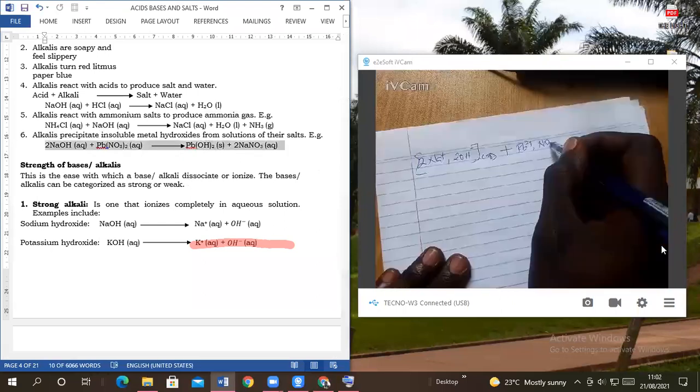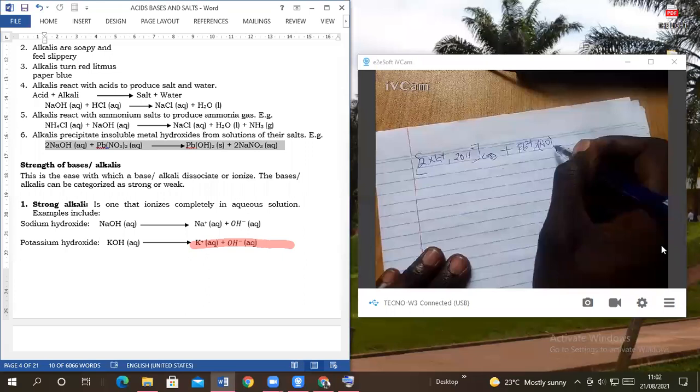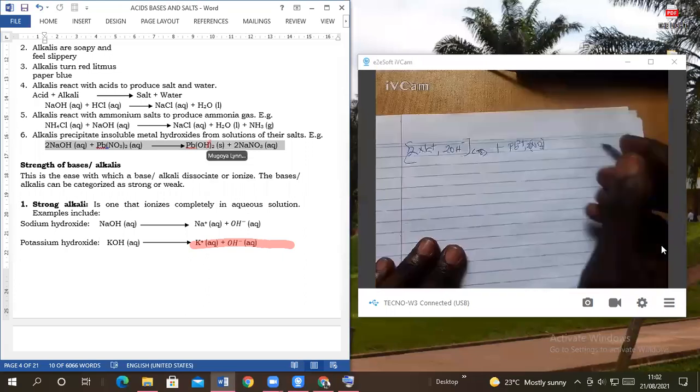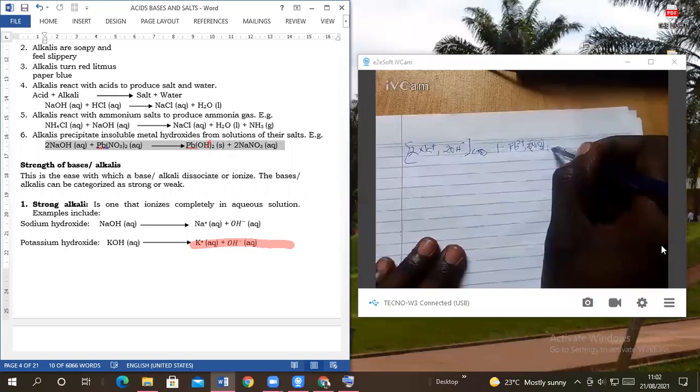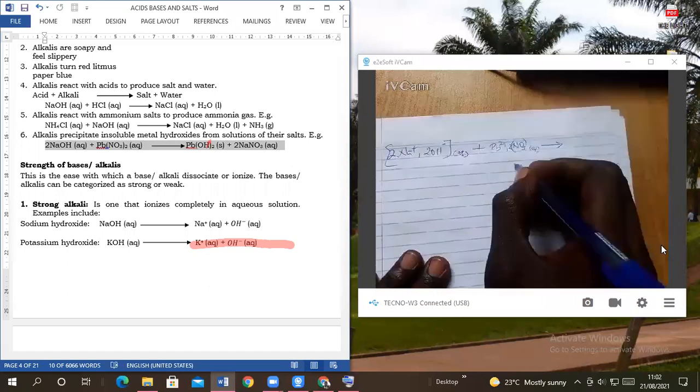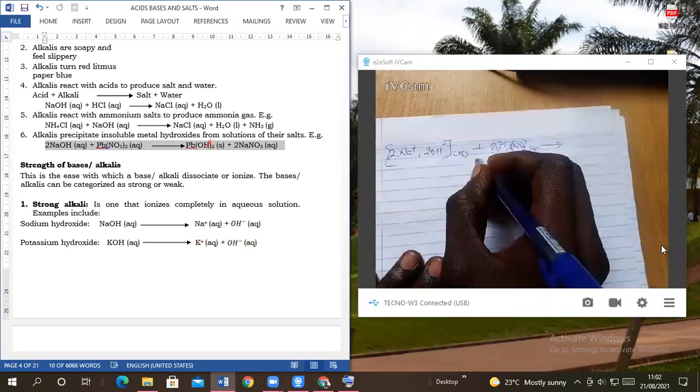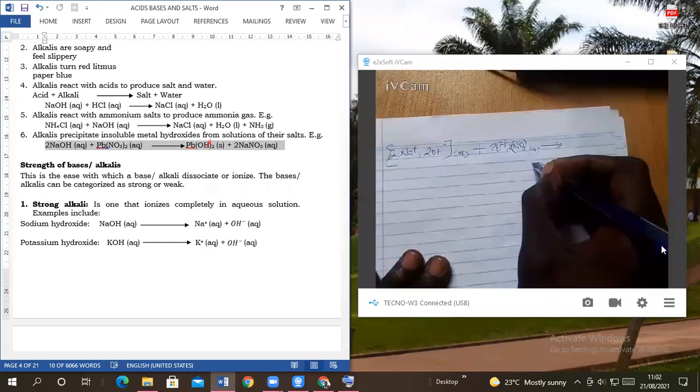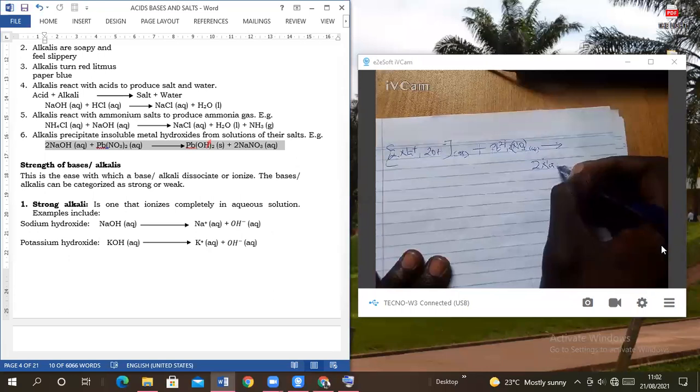Since there are 2, we put that 2 here, and then the 3 inside. This is aqueous. We shall form sodium nitrate, which is 2 sodium ions and 2 nitrate ions. This is part of this.